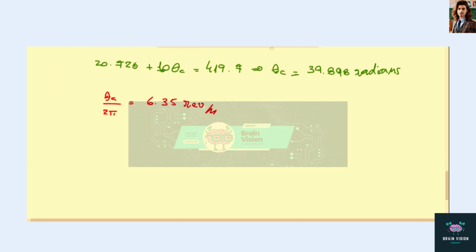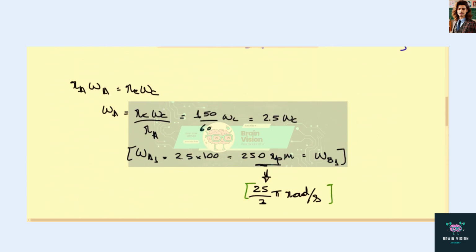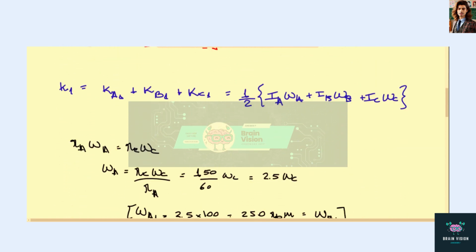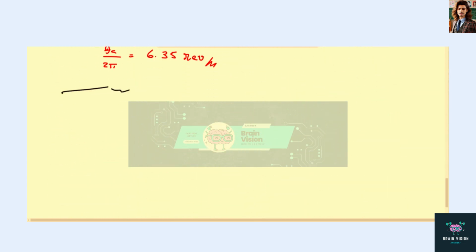We still have to answer part B. And what do we want in part B? Let's remember here, we want the tangential force on the gear A. I forgot to put this here. We want the tangential force on the gear A. Okay, how are we going to calculate the tangential force?